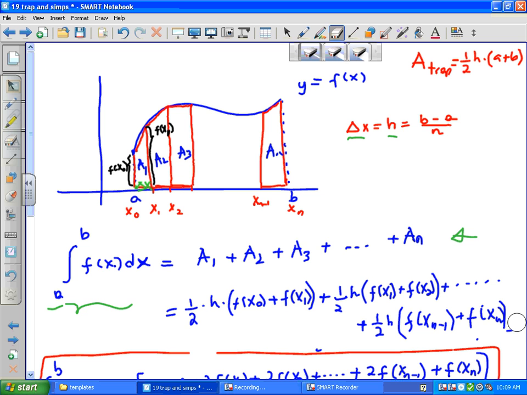Okay, so we just need to simplify this a little bit. Let's take a look at the following situation. So f of x sub 1 is used here, and it's also used here. As a matter of fact, I think I'm going to do something.